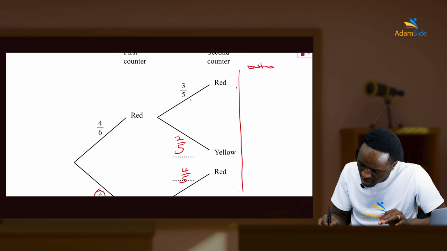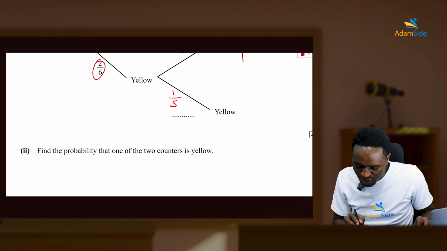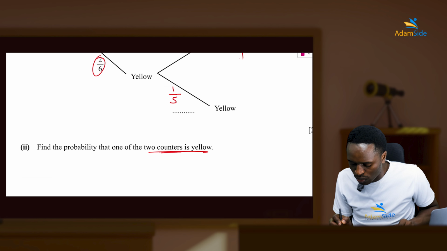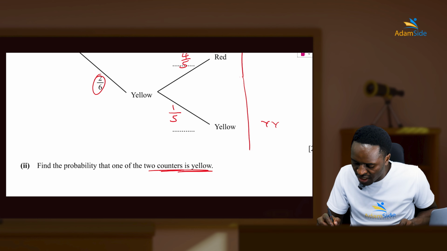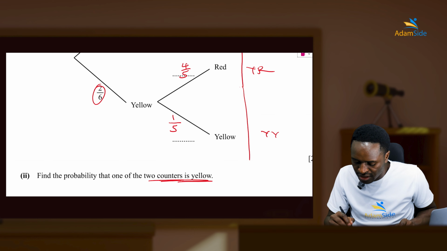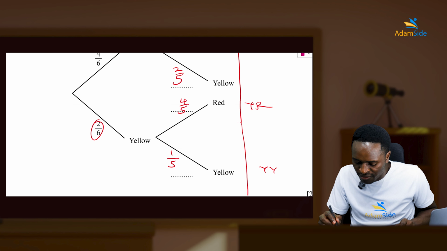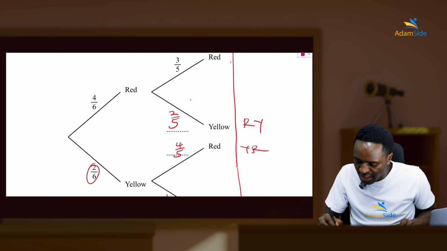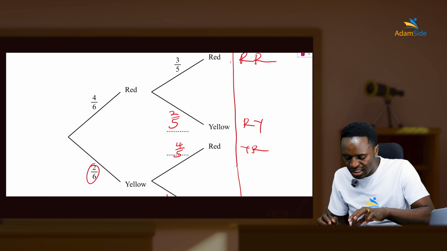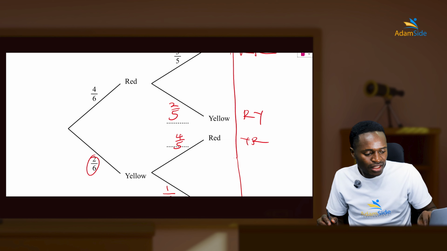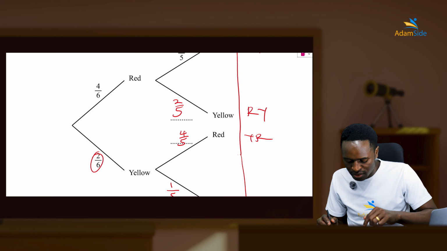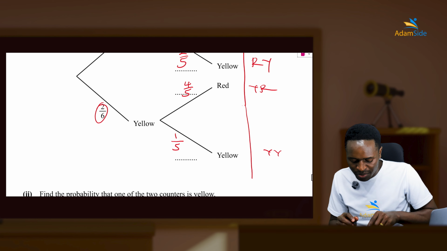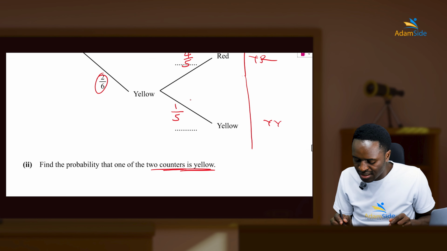What is our outcome? Find the probability that one of the 2 counters is yellow. So yellow, yellow, yellow, red, red, yellow, and then red, red.